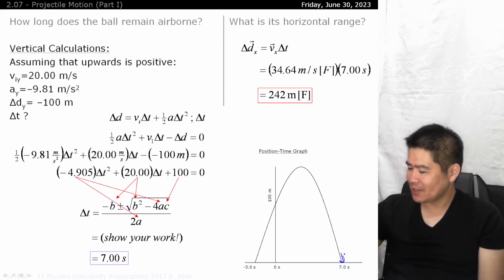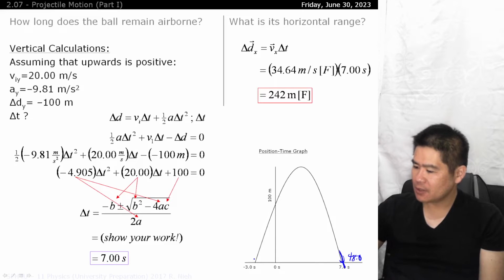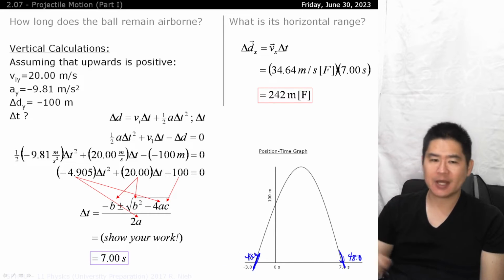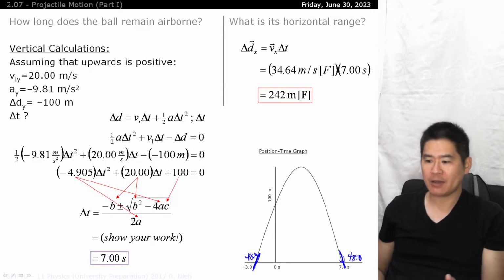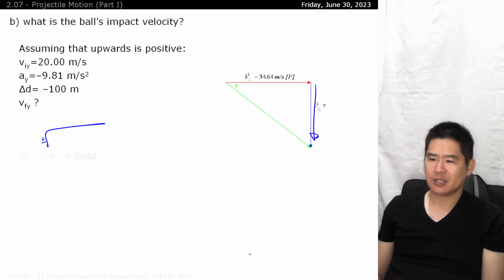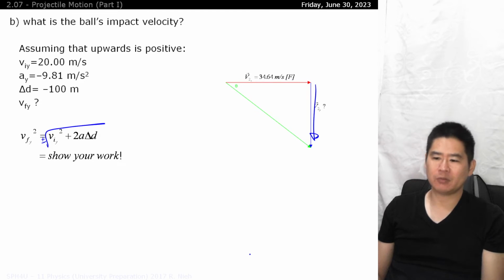If this had a slope of 48.6 pointing downwards, then over here, this should also have the same slope of 48.6 upwards. It is a parabola, so it must be symmetrical there. And that's why you're going to have this positive and negative answer. Well, we're not really concerned about launching it upwards, and that's why we're dropping the positive solution. The negative solution only makes sense for our problem here.